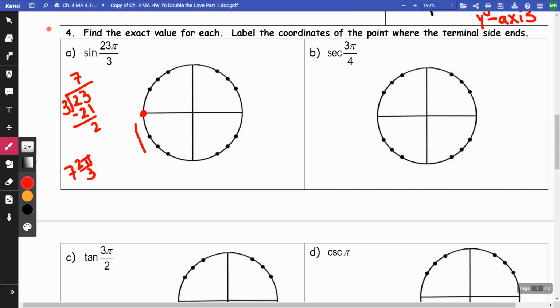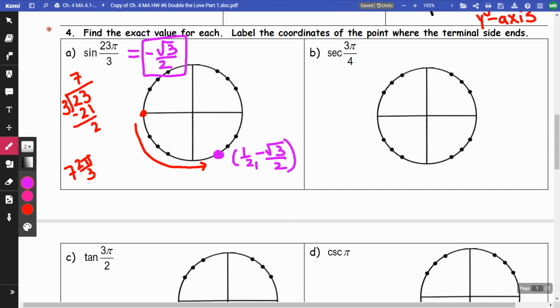And then I need to go 2 pi thirds beyond, which is going to put me, let me do it in purple, right here. And so this point is going to be 1/2 comma negative root 3 halves. So my final answer, sine is your y, so it's going to be negative root 3 halves.